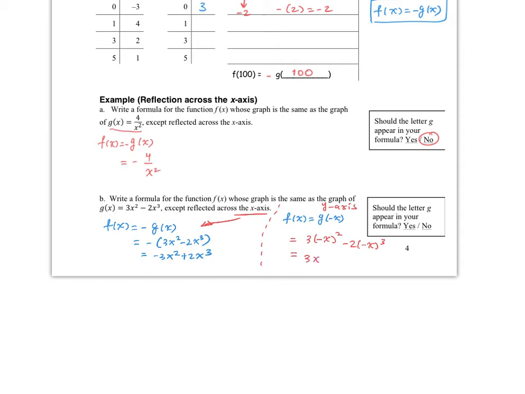So this will be 3x squared plus 2x cubed. So this is reflected about the y-axis, and this is the x-axis. So the sign is in a different place, but it's very important you notice these differences.